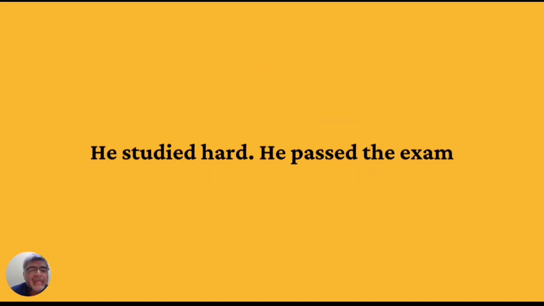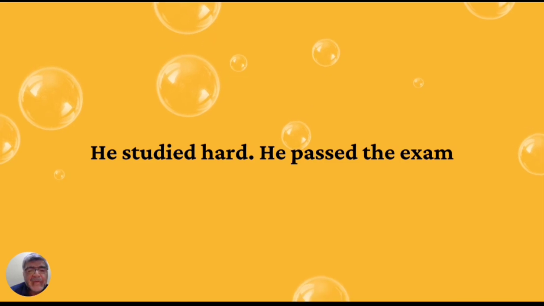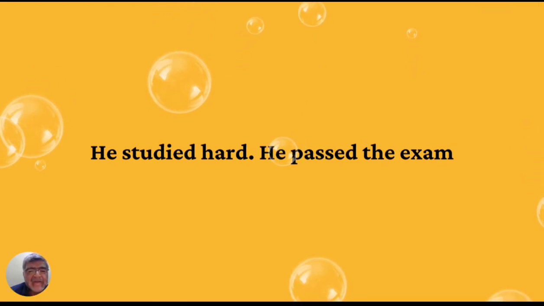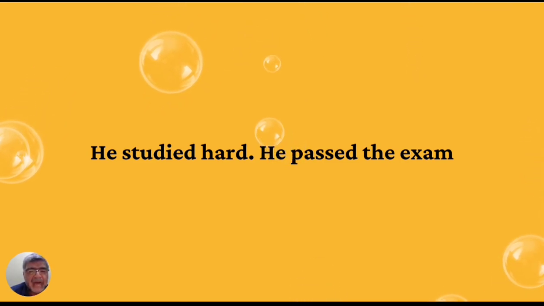For example, we've got two simple sentences, and we're going to use one word to make a logical connection between the ideas and make a complex sentence. He studied hard, he passed the exam. So you might feel the word which can be logical to connect these two sentences is because.